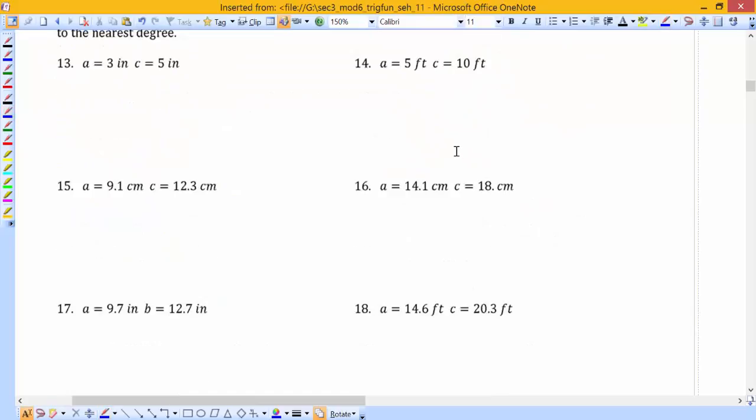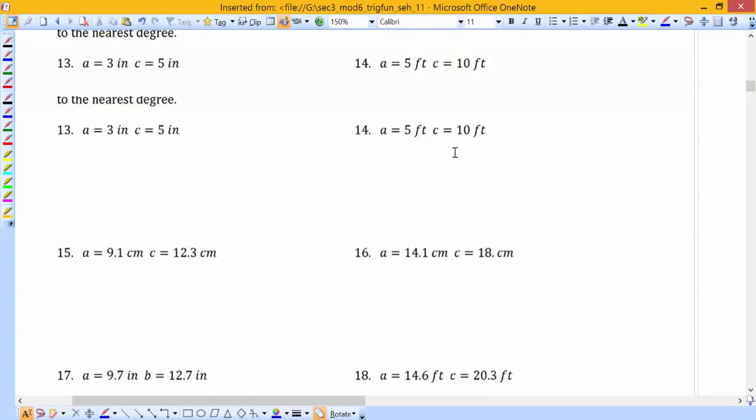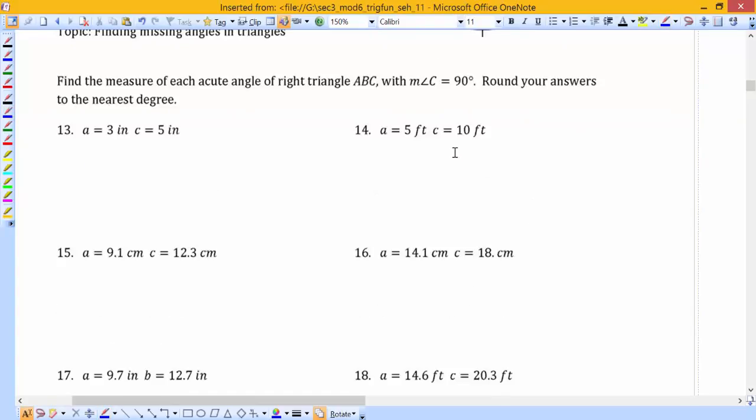And then on the next one, this is review, so hopefully it won't be too bad. Find the measure of each acute angle, which means the non-right angles of the triangle. So I strongly suggest that you just go through and draw a right triangle. Here's my right angle.